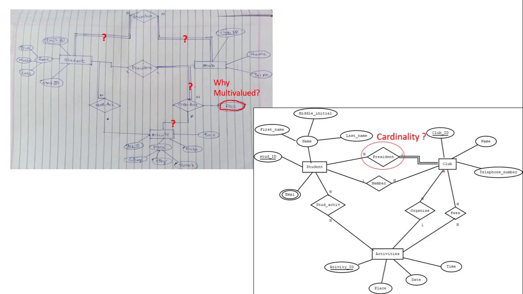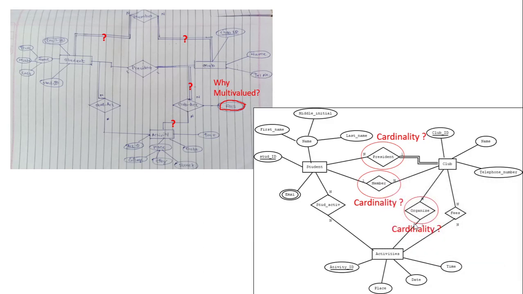Further, the cardinality of member is shown as 1 to n, so this should be many to many, as I discussed earlier also.